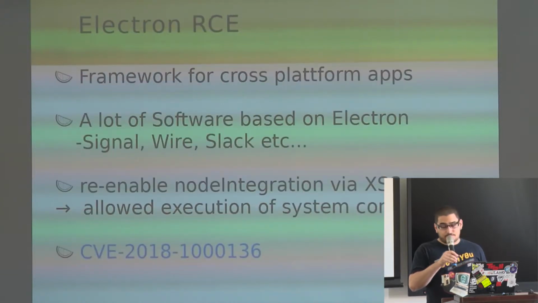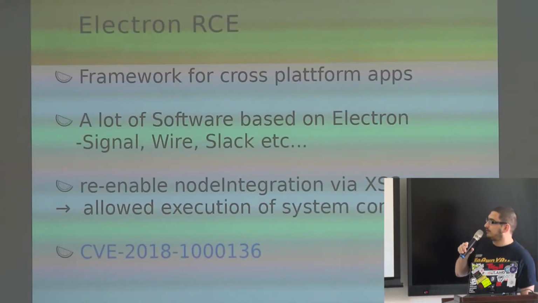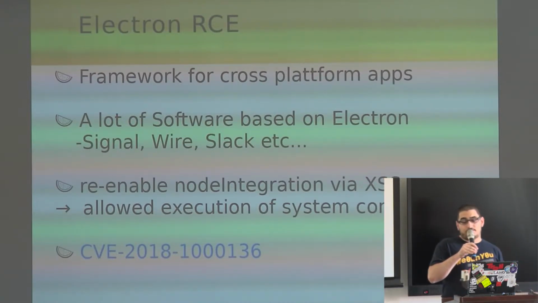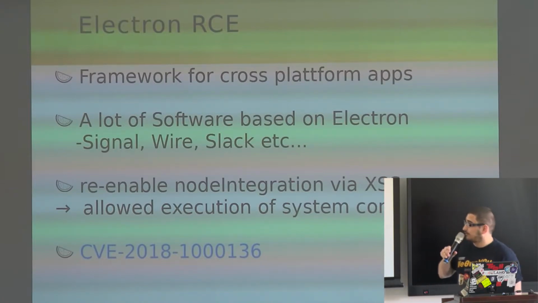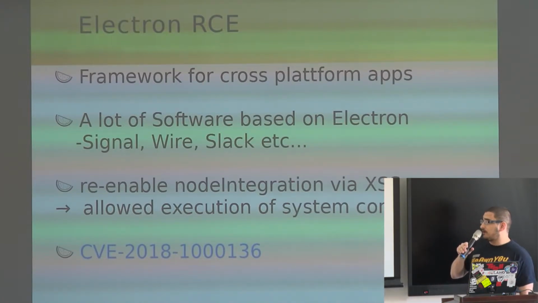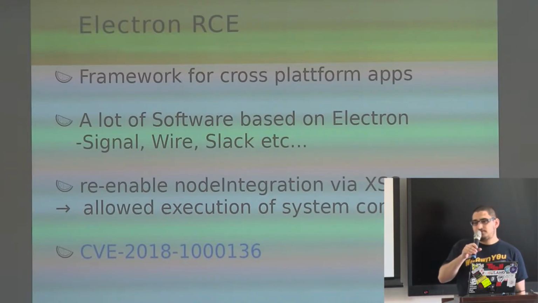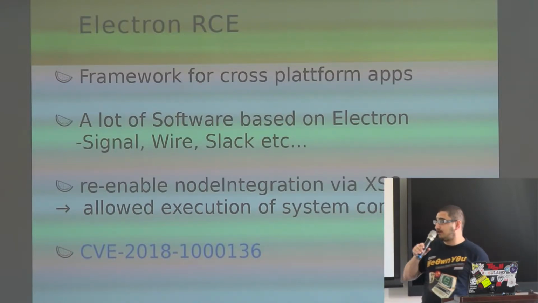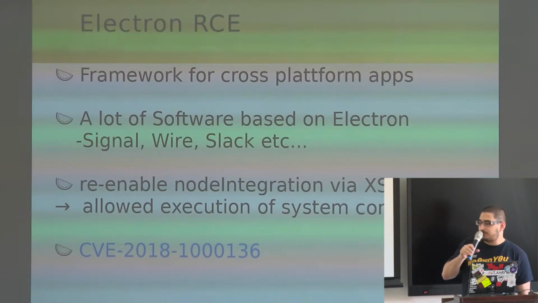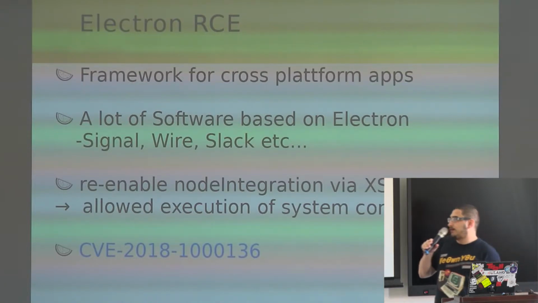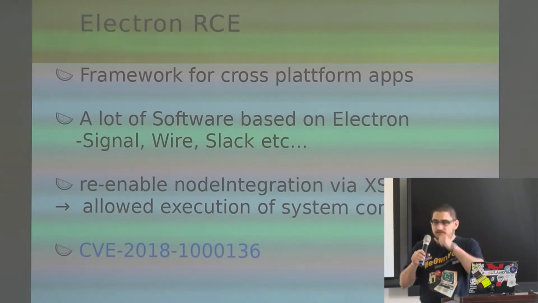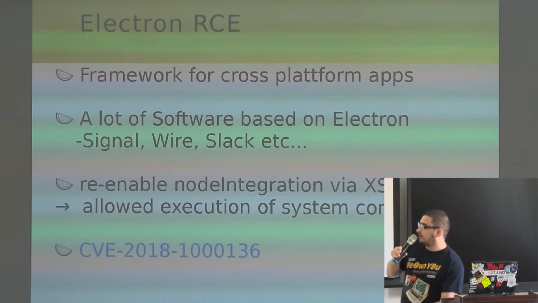Another great RCE was Electron RCE. So Electron is a framework for cross-platform apps. Electron is running a Chromium browser. You can have HTML, CSS, JavaScript running there, and you can build a lot of apps. So a lot of apps are done with Electron, like the Signal desktop client, Wire desktop client, Skype client, and so on.